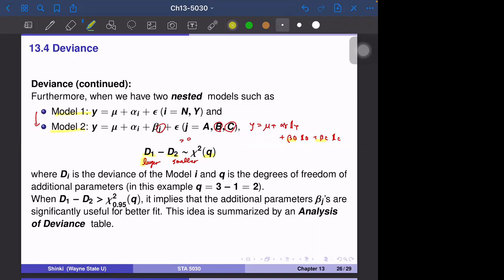Or you can say that model 2 has 3 parameters and model 1 has 1 parameter. So Q is equal to 2, the difference.